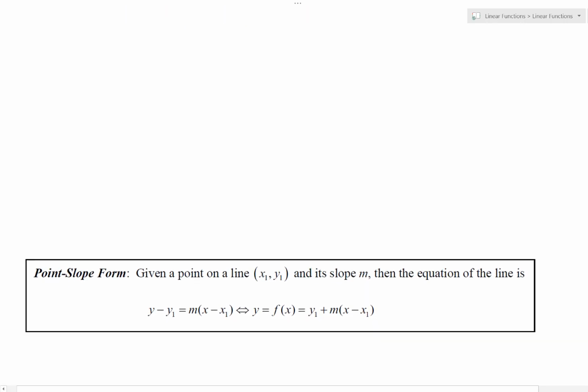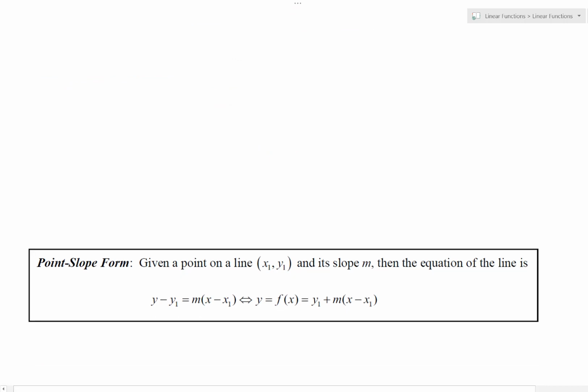Another form that sometimes we use is point slope form. So this is in the situation in which we have some point that we know of on the line. Let's say we know this point x1 comma y1 and the slope m, right? If we know what that slope is, then the equation of the line can be found by writing this statement right here.